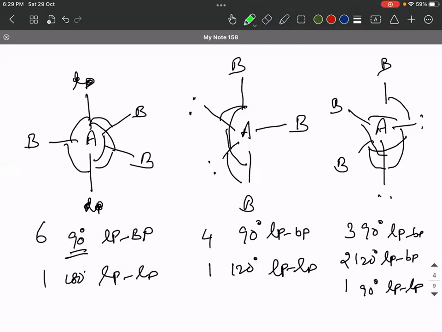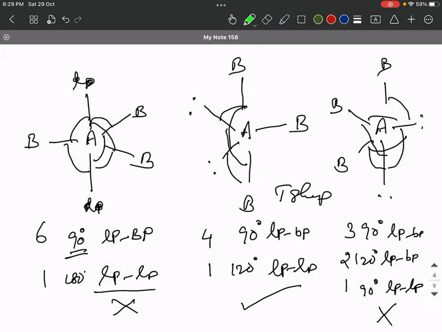Look here, the last one has a 90-degree lone pair repulsion; here 120-degree, here 180-degree. So it is ruled out. Here you have 6 90-degree repulsions, and the magnitude of repulsion is minimum in the case of the second one. That's why the T shape is possible rather than the others.